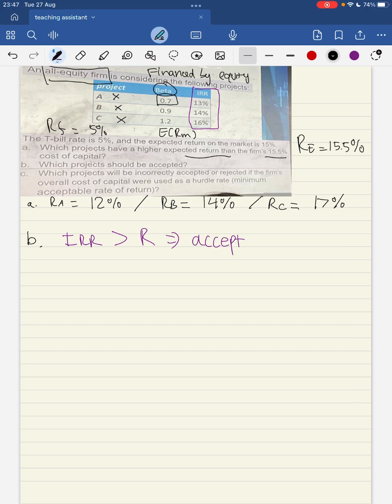So for this exercise, let's all make a table together. The first column is the project name. The second column will be the required return. Then the IRR. And finally, the decision.